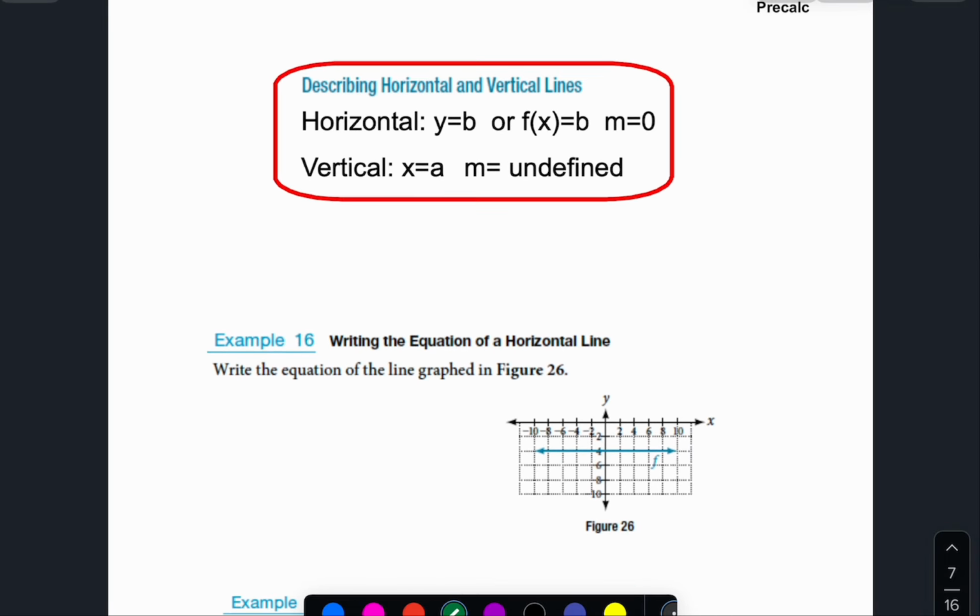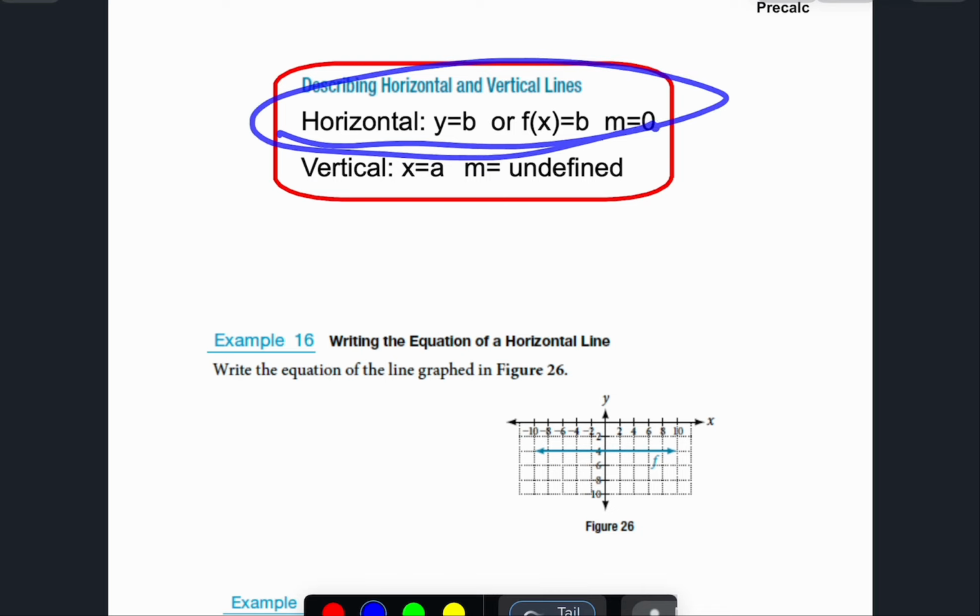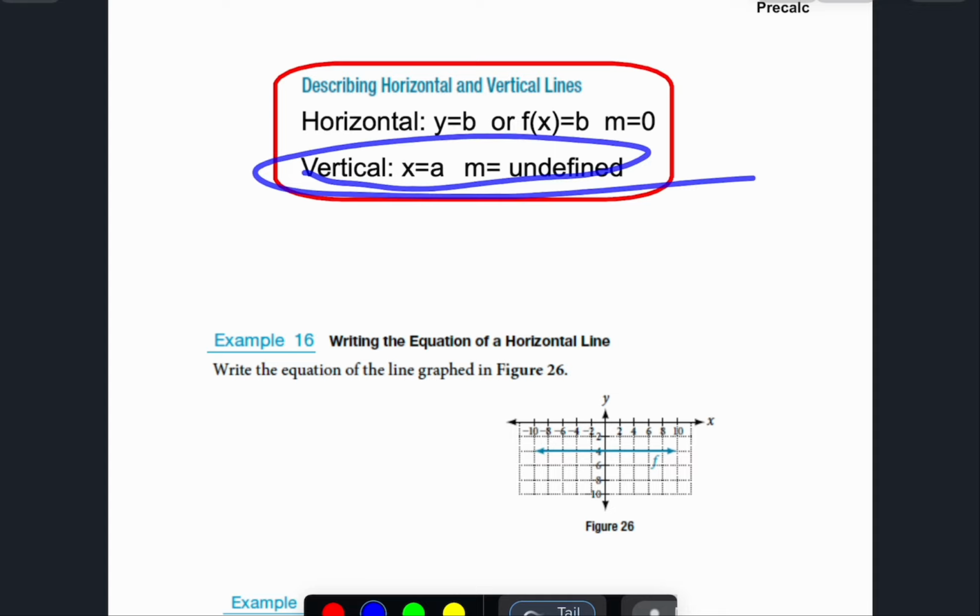Now, let me remind you, we've talked about this many times before, that a horizontal line has an equation y equals a number, y equals b. It has a slope of 0, and you can also write it as f of x equals b. That's our constant function. Vertical lines are of the form x equals a number. The slope is undefined.